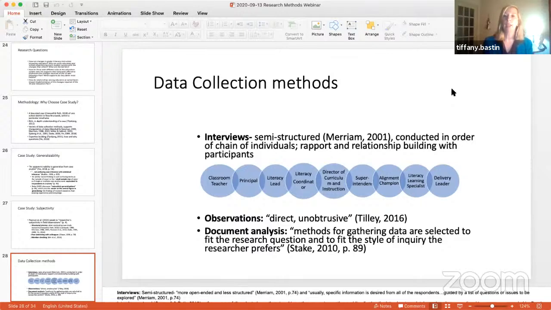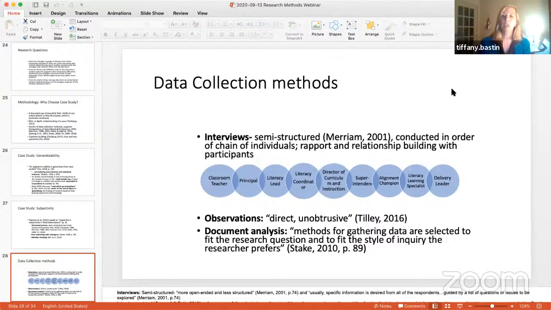So I was hoping that if they trusted me, I would get more honest feedback about this literacy initiative. With the principals, I wanted to make sure they trusted me as well. And principals interact a lot with the Department of Education. So I had to make sure with them that they understood I wasn't there as a Department of Education employee, but I was there as a researcher, really wanting to give them voice as to what they felt was important and what they thought about the questions around the literacy initiative.